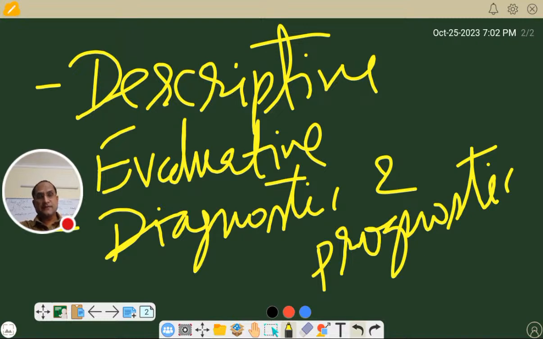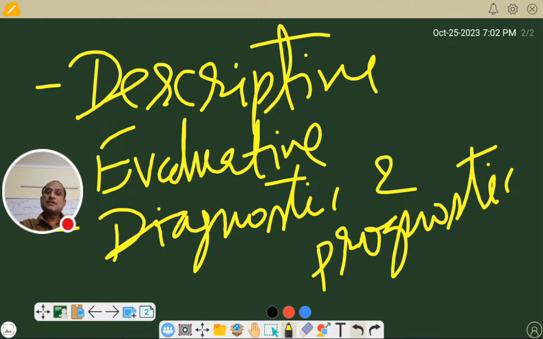These 4 types of research are mentioned specifically in the syllabus. UPSC has kept its questions closely to the syllabus. There are rare years when few questions are asked which are out of the syllabus.